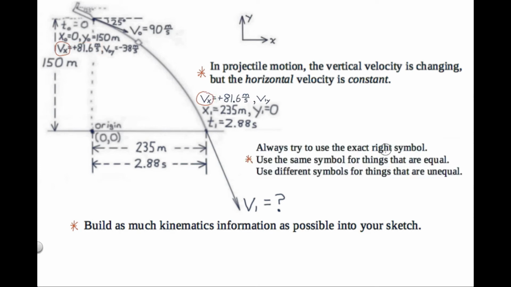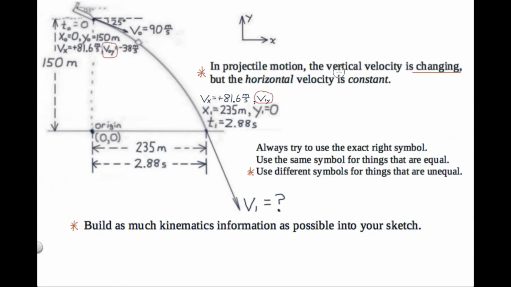Always try to use the exact right symbol. Use the same symbol for things that are equal. Since the horizontal velocity is constant, we can use the same symbol, v sub x, to represent the velocity at time 0 and at time 1.